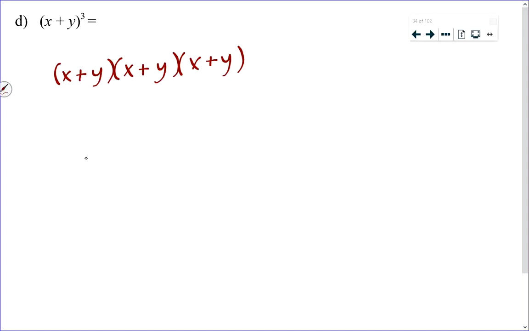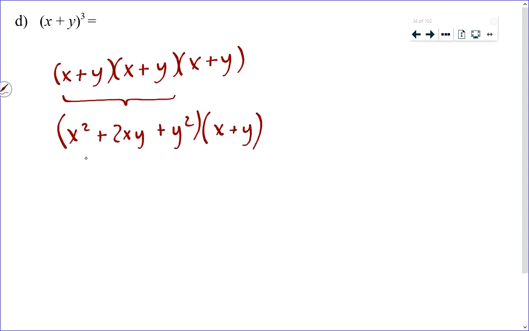But that's okay because we already know this is x squared plus 2xy plus y squared. So all we need to do is multiply that by x plus y. And that's why I've left a bit of room there on the right of this side on your handout, so you have some room to write your work.